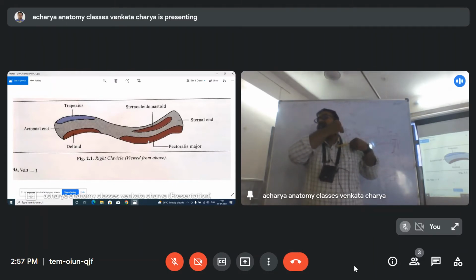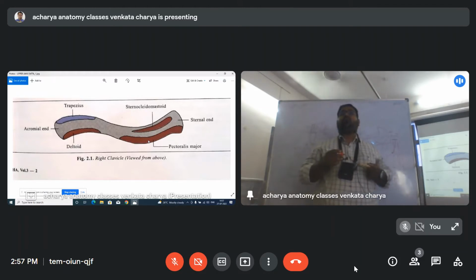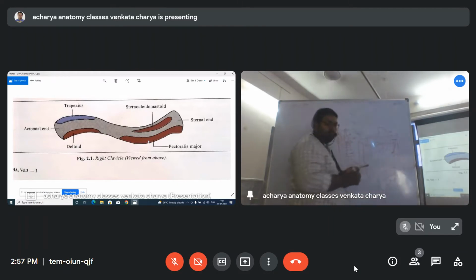This muscle we call sternocleidomastoid. Once again, I draw the diagram.